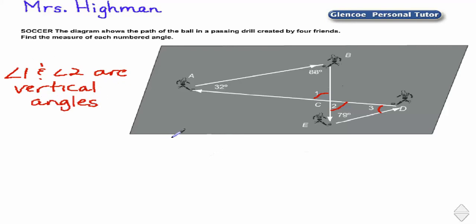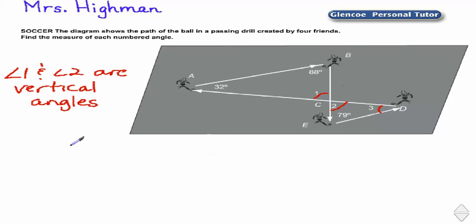That's important because after we find angle 1 from our first triangle, we can use the measure of angle 1, which is going to be the same as the measure of angle 2, and then we'll be able to find the third angle in the second triangle.